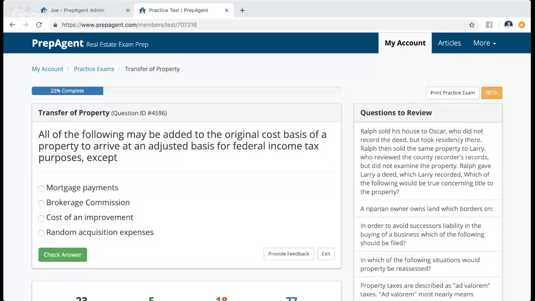What's the difference between a special warranty deed and a general warranty deed? What do you guys think?